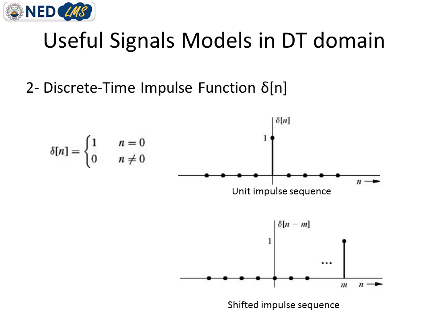The mathematical definition is: δ[n] is equal to 1 for n equal to 0, and δ[n] is equal to 0 for n not equal to 0.